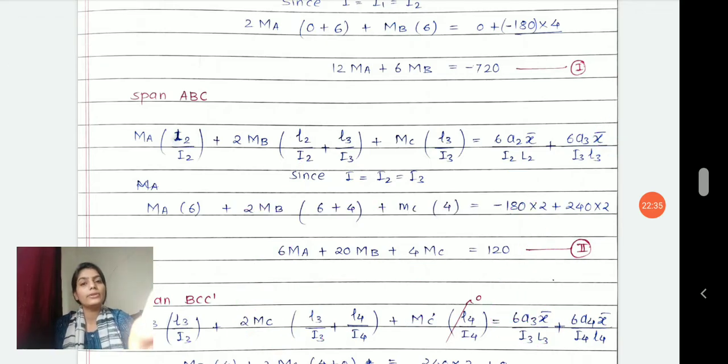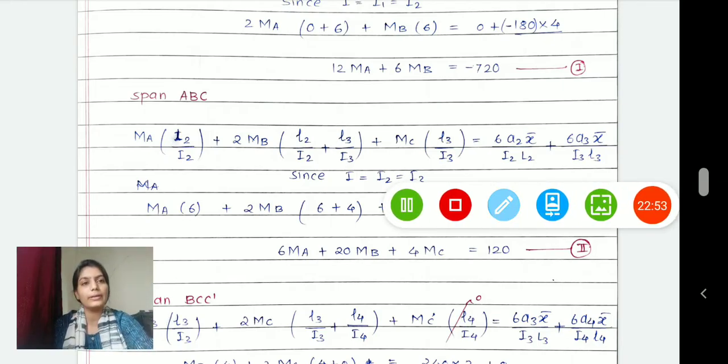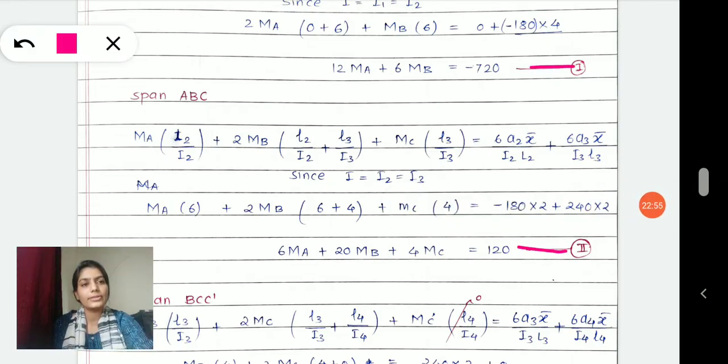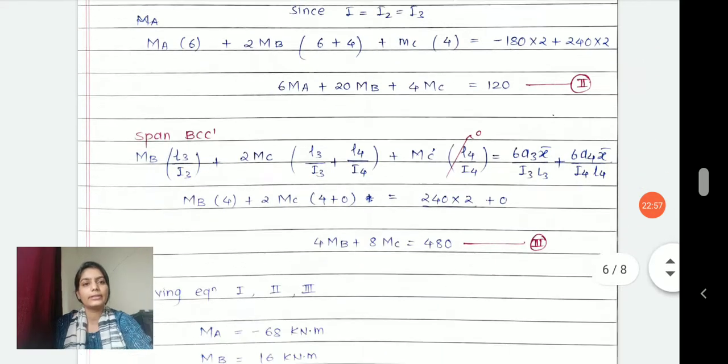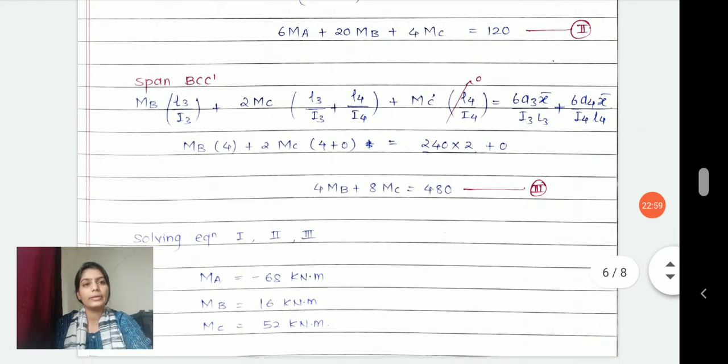Put all the values. Now see, I am explaining each and everything. What you're supposed to do is only take the values from the upper diagrams and put them into this equation. Simplify it, simplifying is just mathematical, and you will get the equations. Write down equation number 1, equation number 2, and the next will be equation number 3.